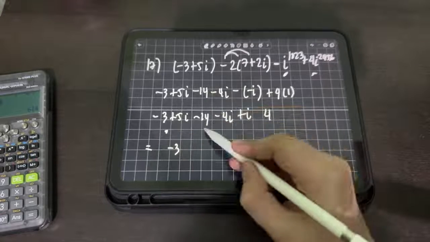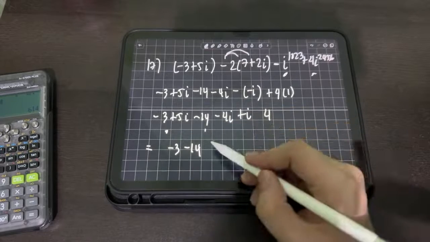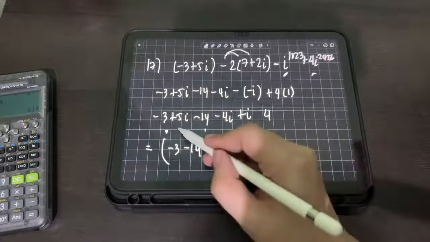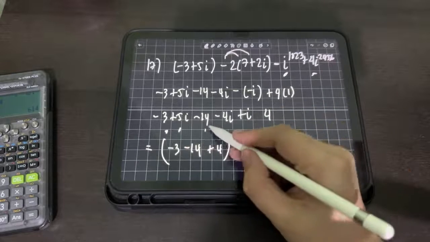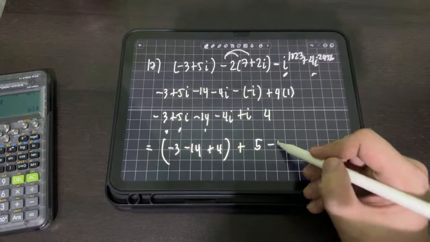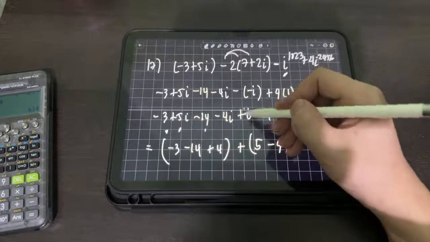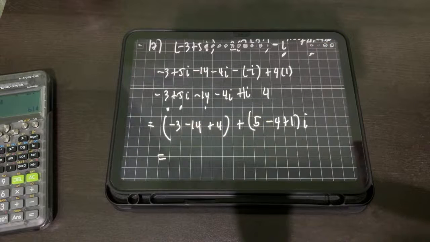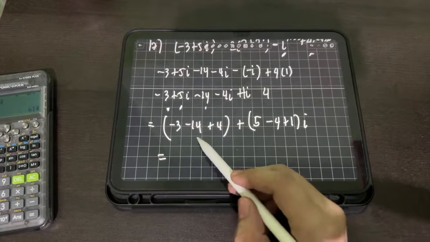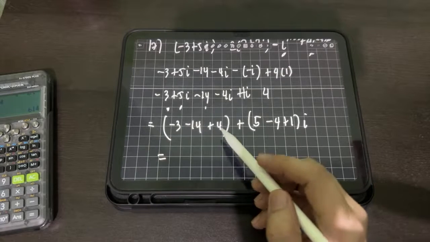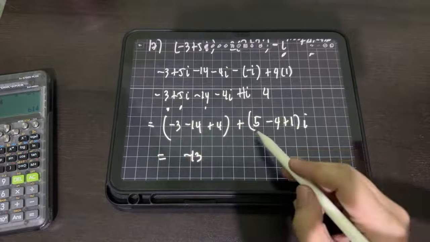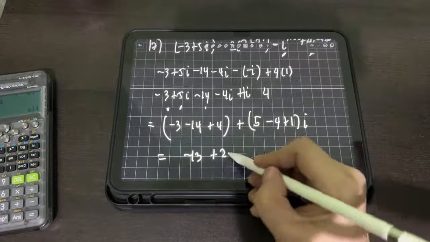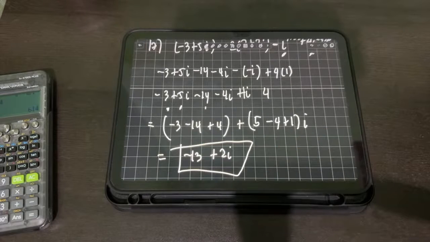Negative 3, negative 14, and positive 4, plus the imaginary parts, positive 5i minus 4i plus 1i. Okay, combine. Negative 3 minus 14 plus 4, negative 17 plus 4, negative 13. Then 5 minus 4 plus 1, 1 plus 1, 2. Positive 2i. So this is the answer.